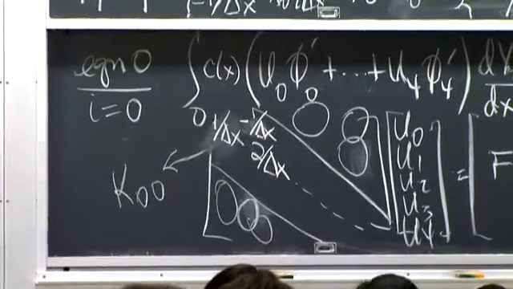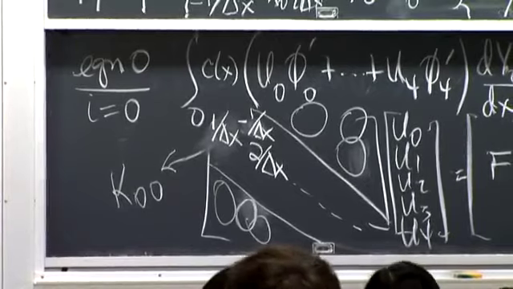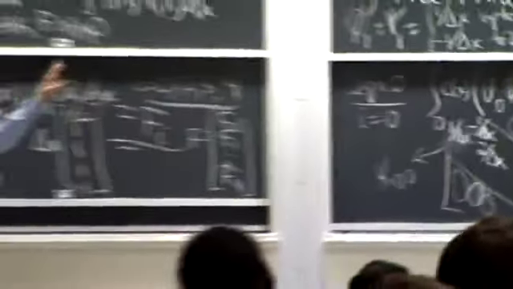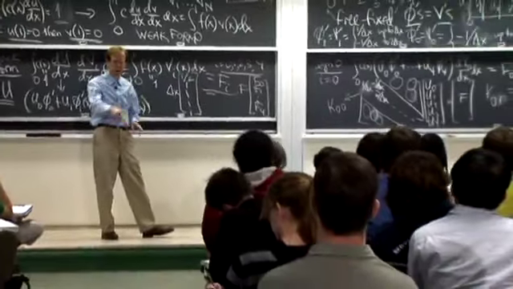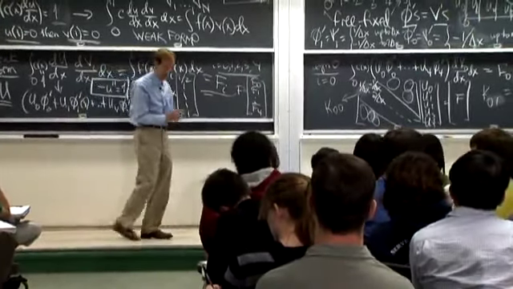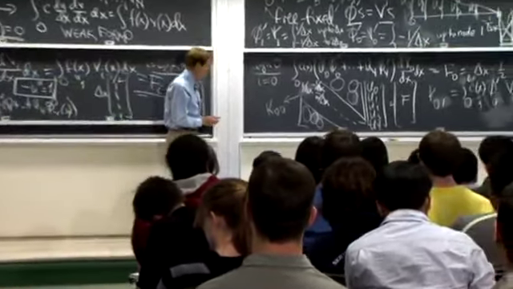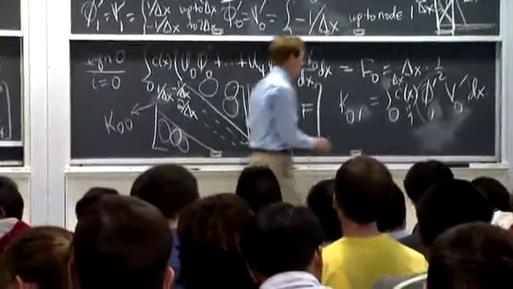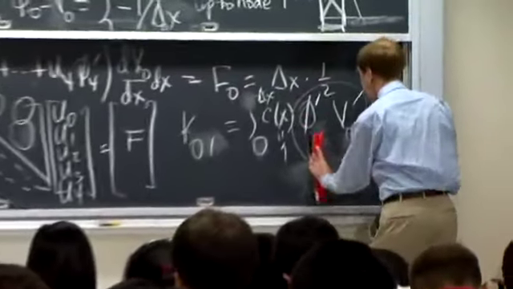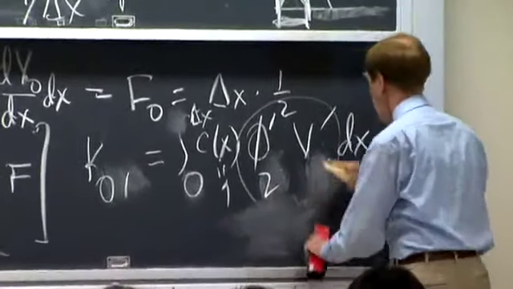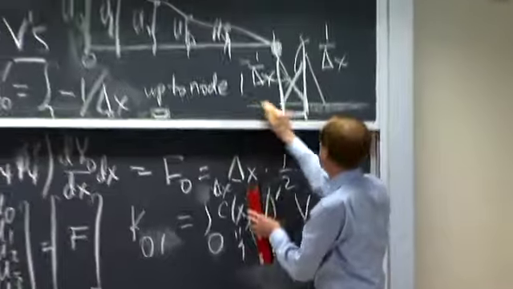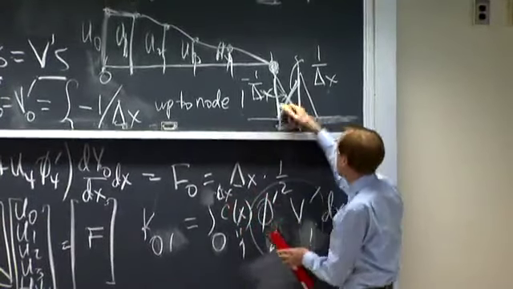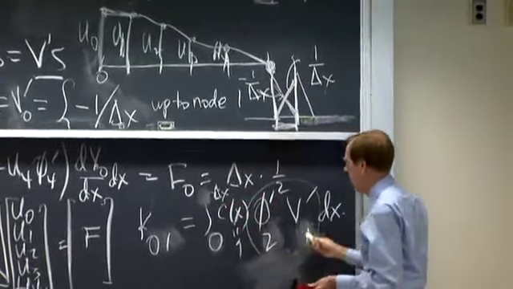Would you care to guess the rest of the matrix? What's the rest of that diagonal above the main diagonal? It's all the same. That stays the same because when I do phi2, v1, my picture is just shifted over, but I still have one coming down and one going up.